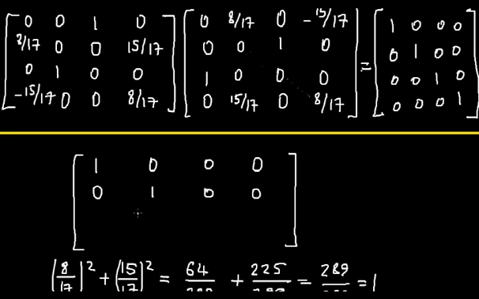That's the ijth entry. But the inner product is commutative. You can swap the order around.